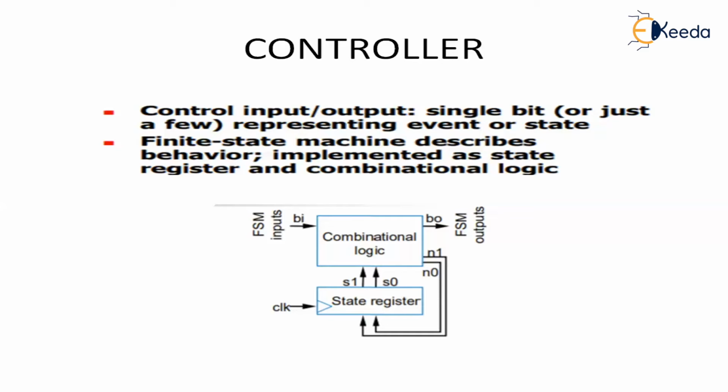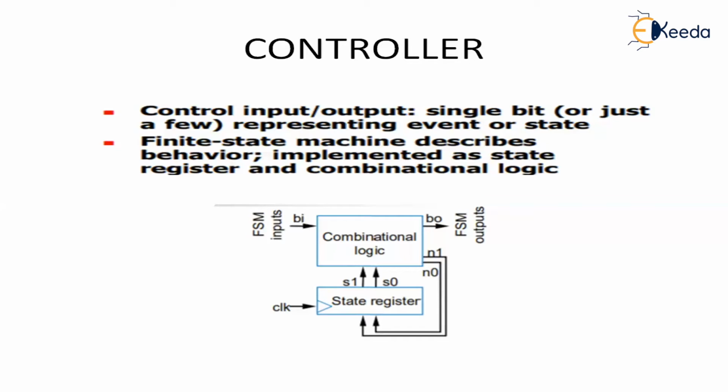See, I have drawn a diagram in which there will be an FSM. It will have some inputs. Based on the input of the finite state machine, the combinational logic will be implemented, and the output is nothing but the FSM output. At the same time, there will be certain outputs, and those N1 and N0 are the next state.